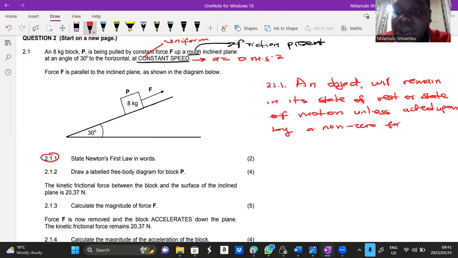So that's how you state Newton's first law in words. And this obviously is going to give you 2 marks.